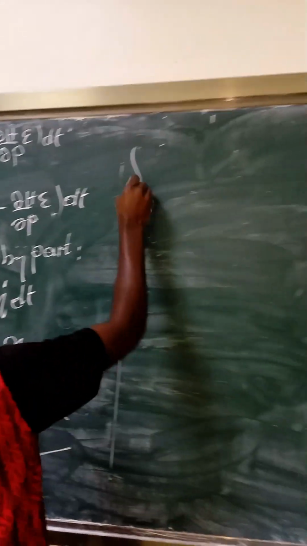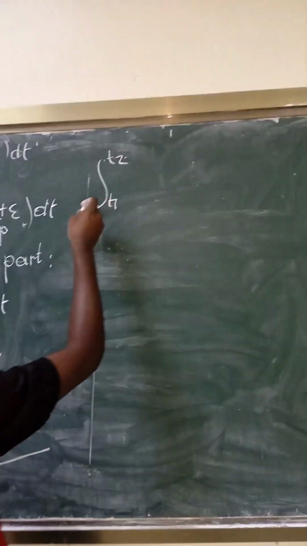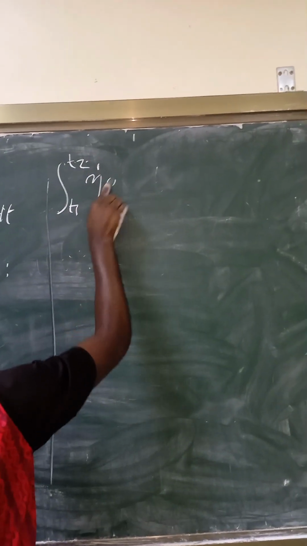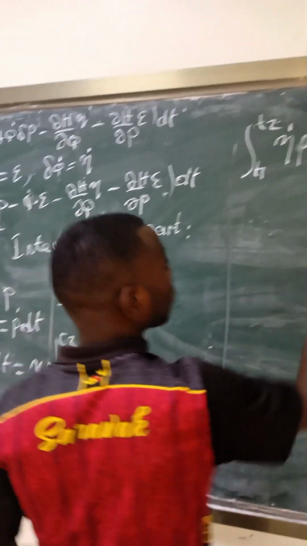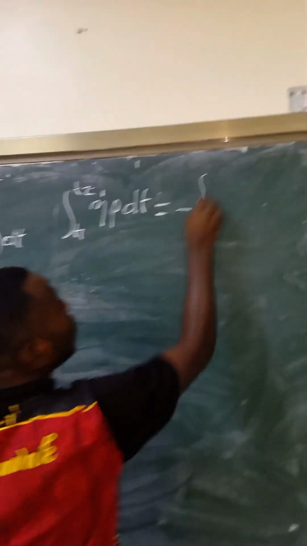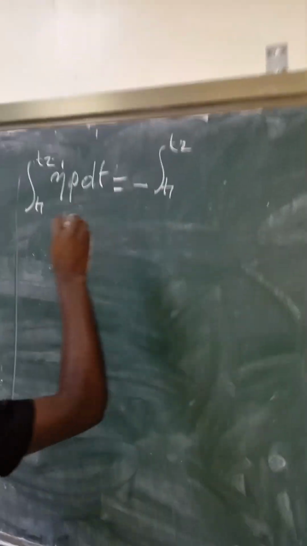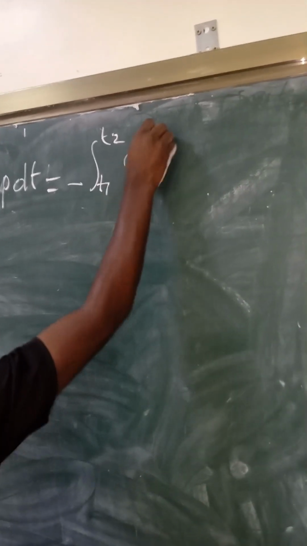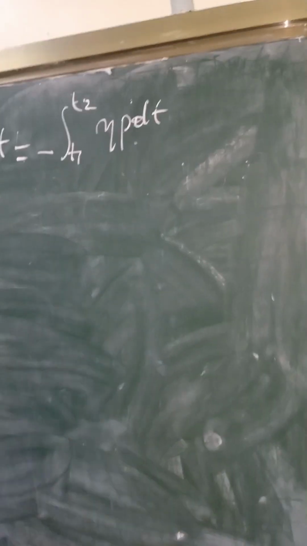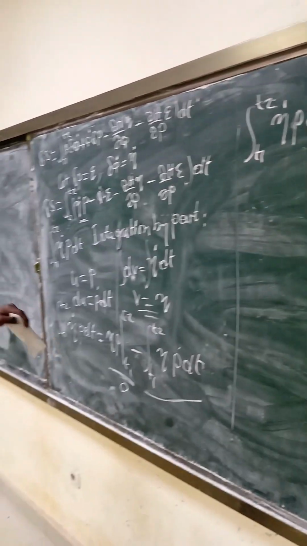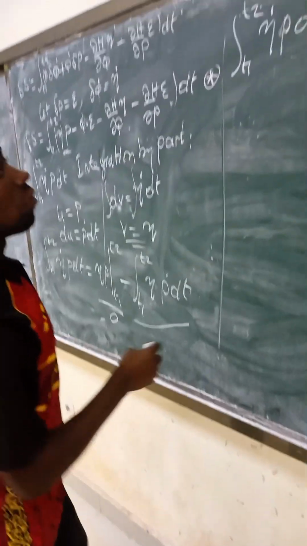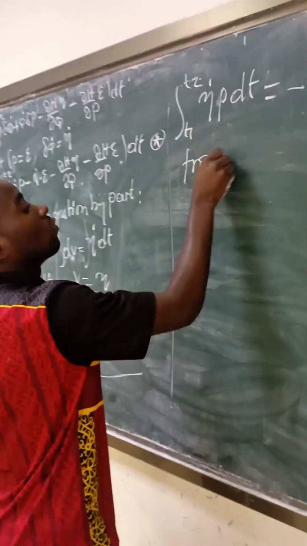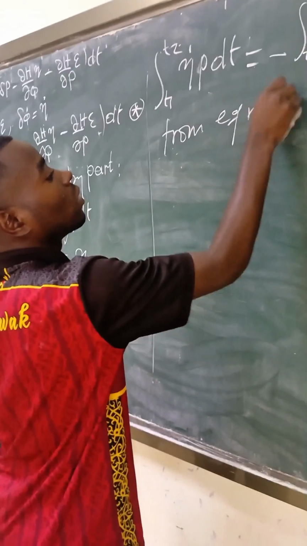So this integration from T1 up to T2 of theta dot p dt is equal to negative of theta p dot. Now let's substitute it from this equation, star 1.